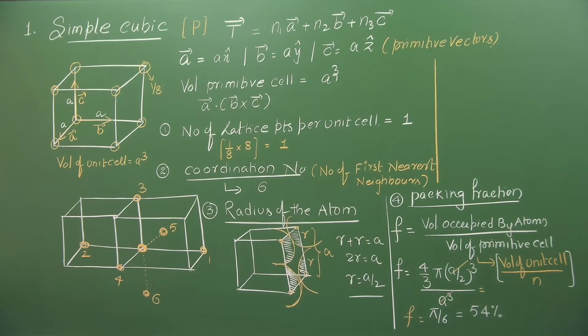What is the packing fraction of gold? Gold means AU. So whenever you go to a jewelry shop, please tell them there is a void space, I won't pay for that. I will pay for only packing fraction.